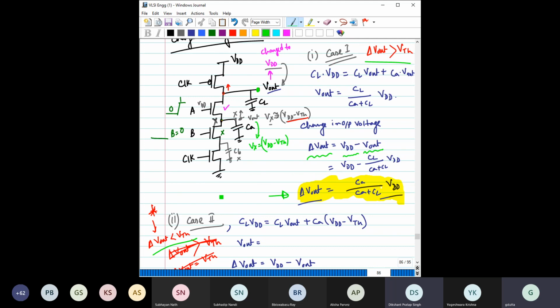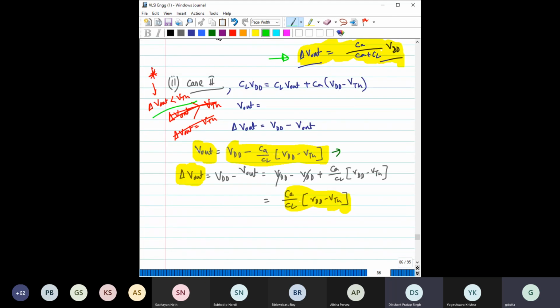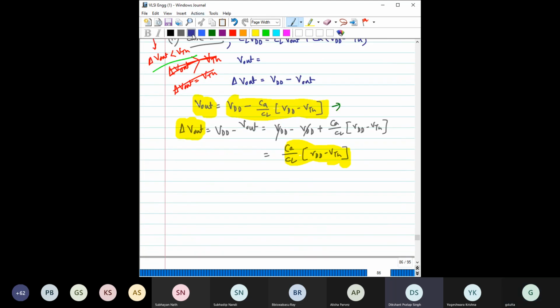So how do you find the boundary condition? You can find it by making delta V out equal to VTH.